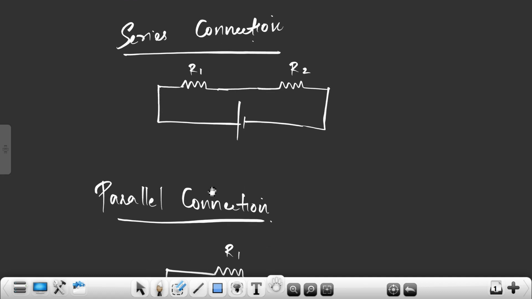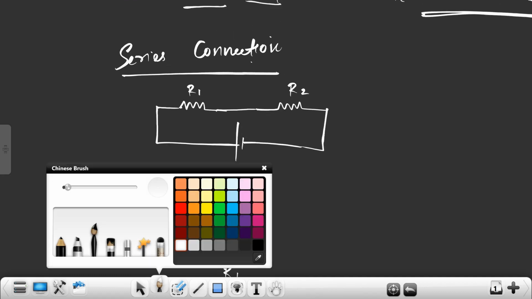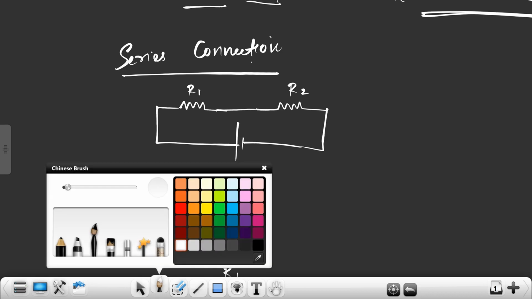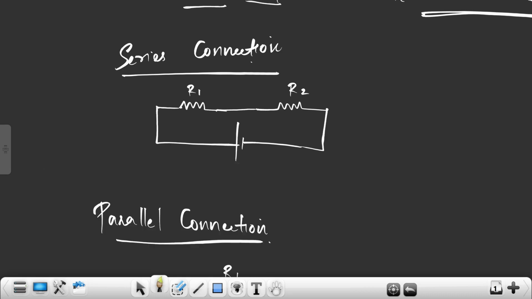Then let's study the properties of connecting two resistors. Take the first figure, in series connection. When the cell is connected, we know a current will flow through the circuit, let it be I. The I amount of current flows through the circuit, it reaches R1, it passes through R1, then it passes through R2.